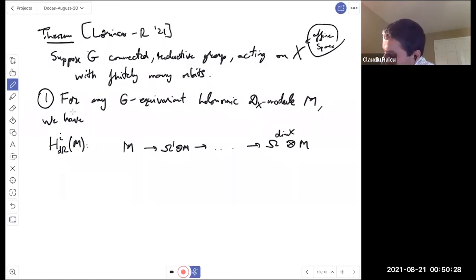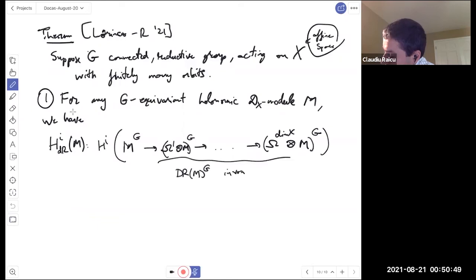And what we're saying is that, well, you can do this, but you can maybe first take G-invariants. So just take the ith cohomology of this complex. So we call this the invariant de Rham complex.